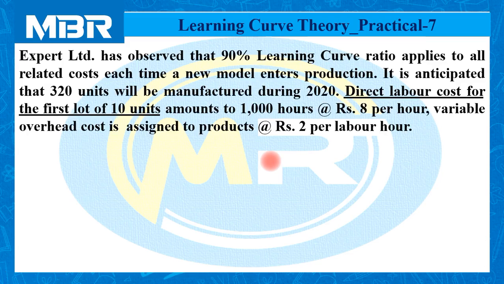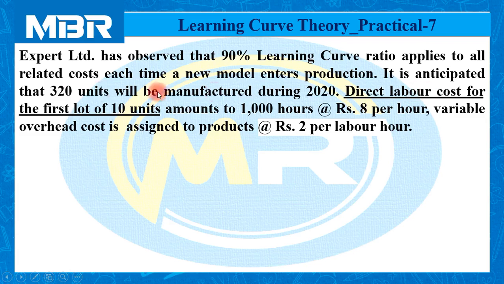Expert Limited has observed that a 90% learning curve ratio applies to all related cost each time a new model enters production. It is anticipated that 320 units will be manufactured during the year 2020.